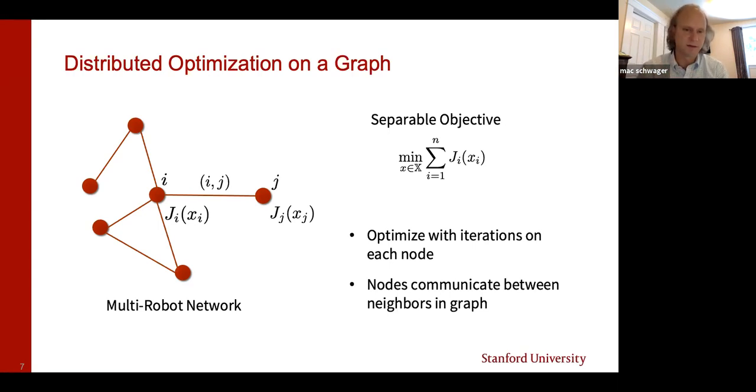This is one of the prerequisites for any distributed optimization problem: the objective has to be what's called separable, which is that it's expressed as a sum over component objective functions. And in this case, it's very clear the mapping, right? Every component objective function Ji is associated to and available to one robot node i in the graph.